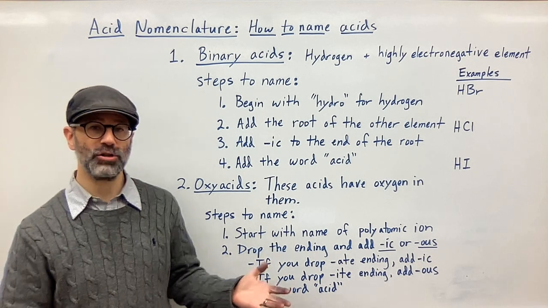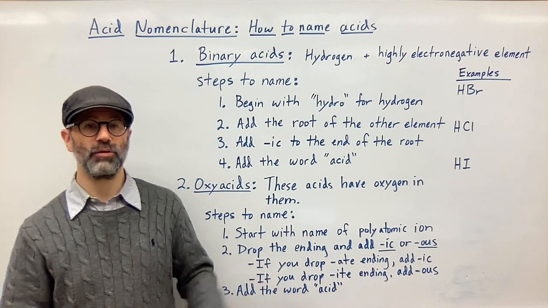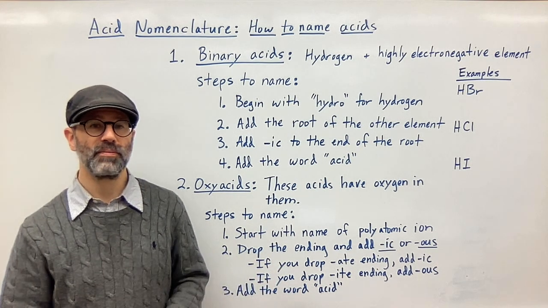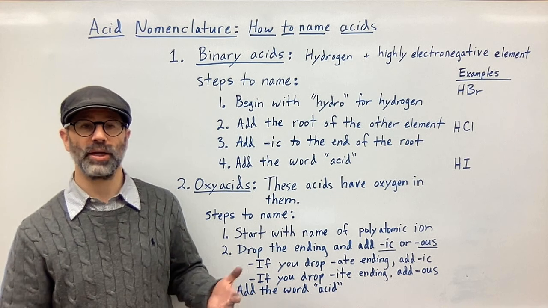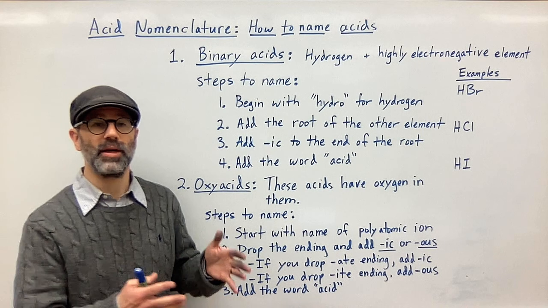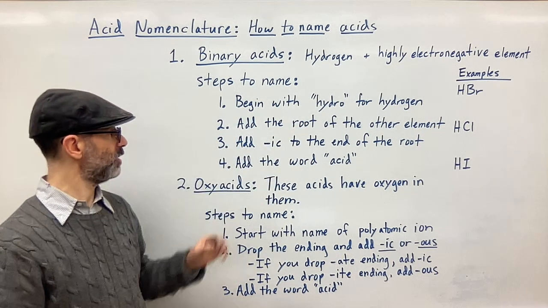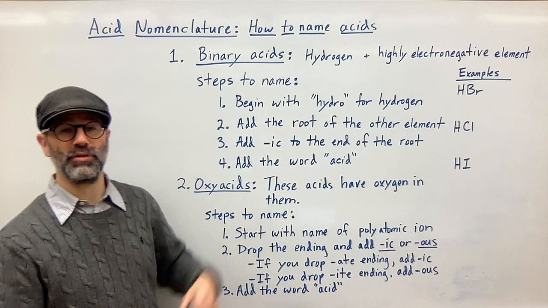So you begin with hydro to identify hydrogen as being part of the formula of your acid. Normally hydrogen acids are written with the formula beginning with hydrogen.